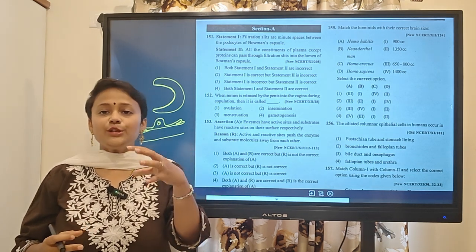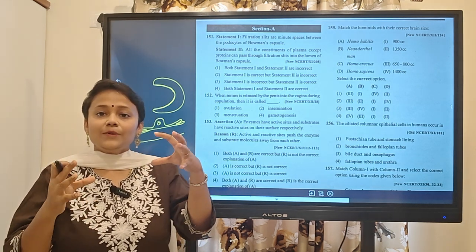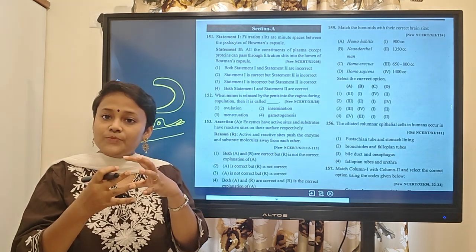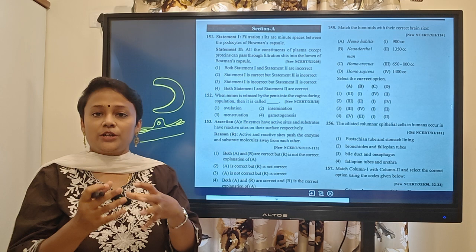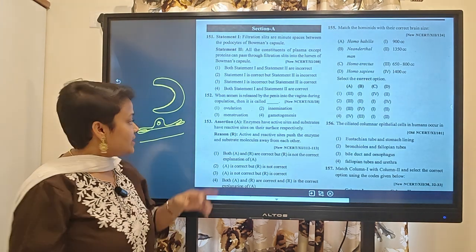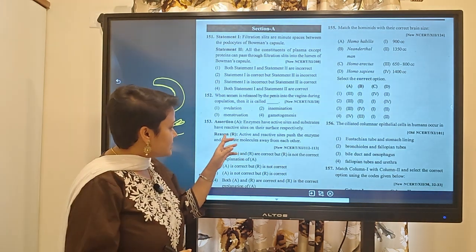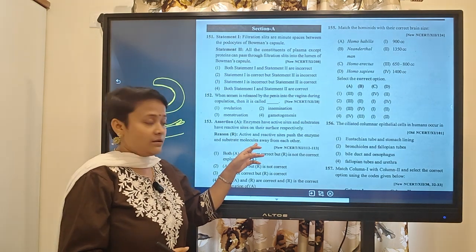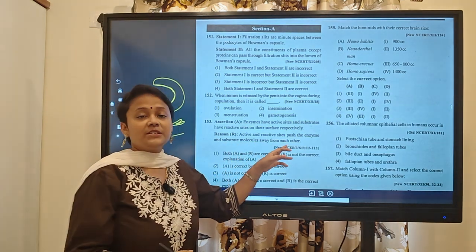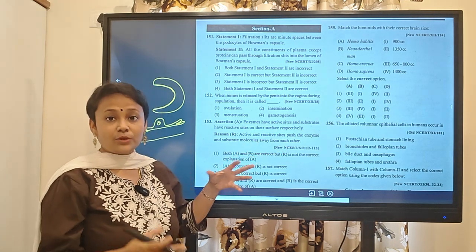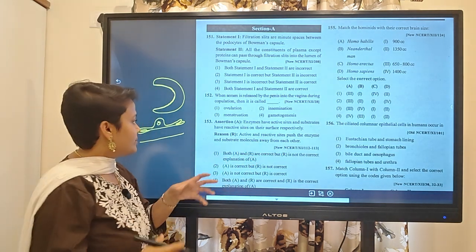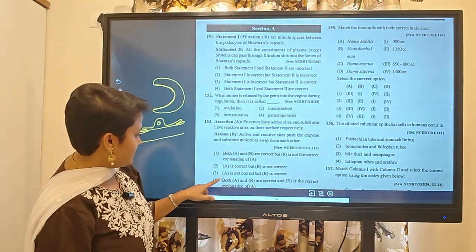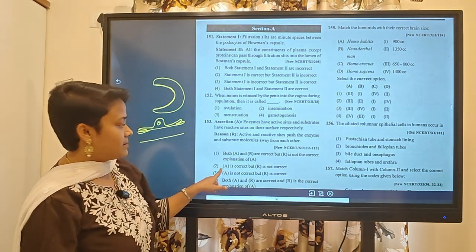Then when it fits into the active site, it will come closer and then there will be change of the substrate to make the product, right? So here the reason suggests that the enzyme and substrate molecules will go away from each other. So this is not right. They will come closer to each other, right? So assertion is right, reason is false. So the answer will be A is correct, number 2.